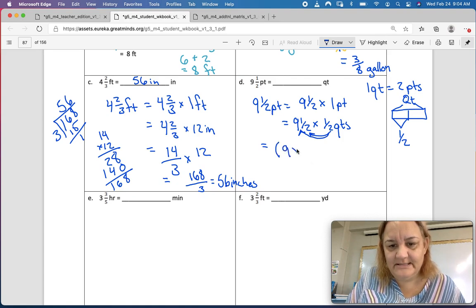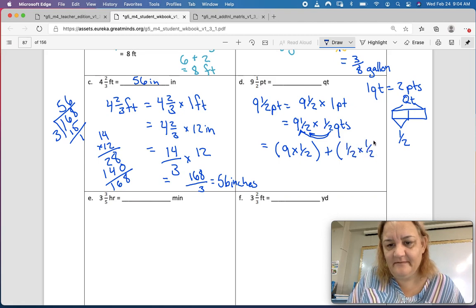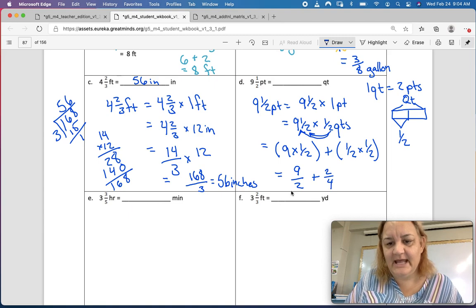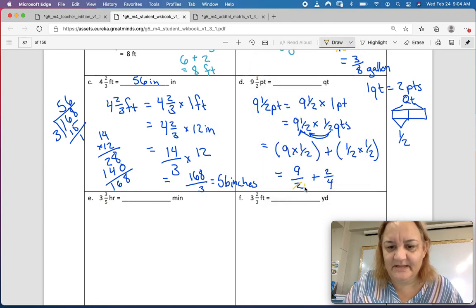9 times 1/2 plus 1/2 times 1/2 equals 9 halves plus 2/4. And I can convert that into a same common denominator. So I'm going to multiply this by 2 and get 4, and this by 2 and get 18.